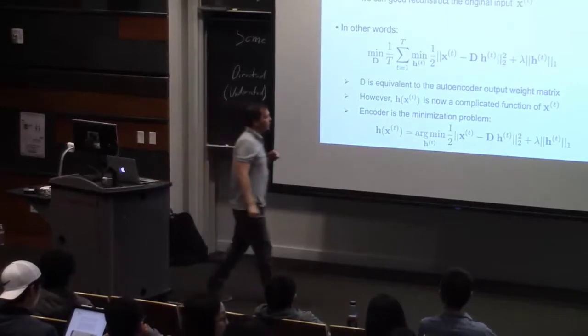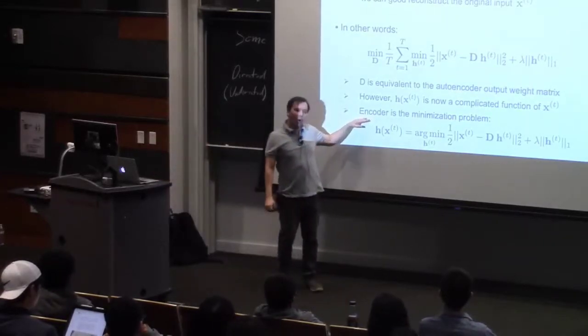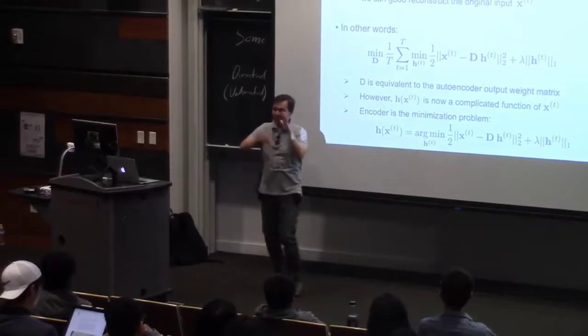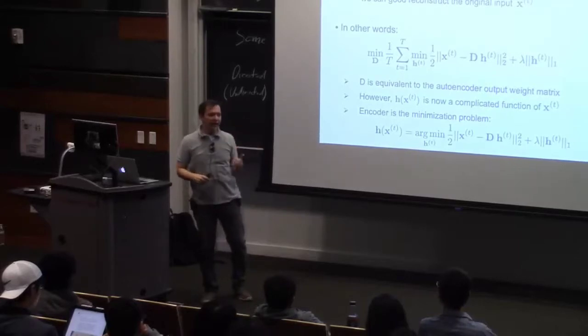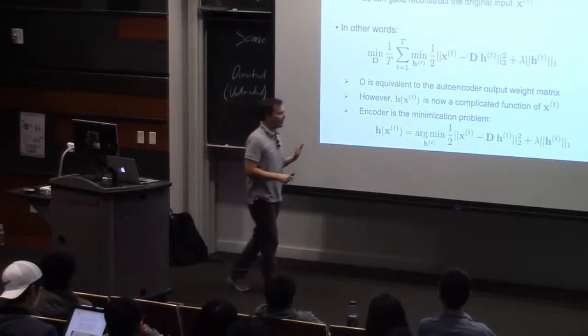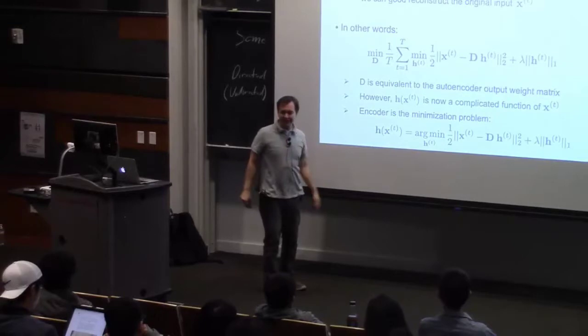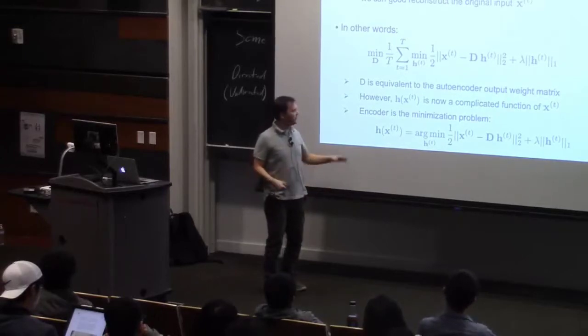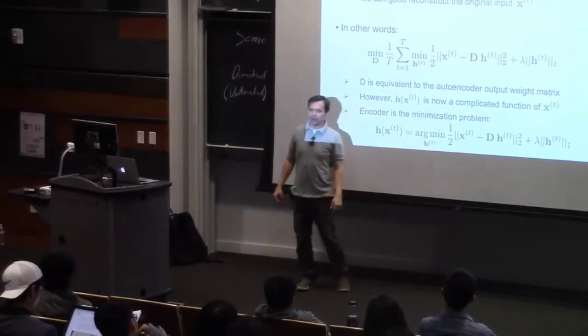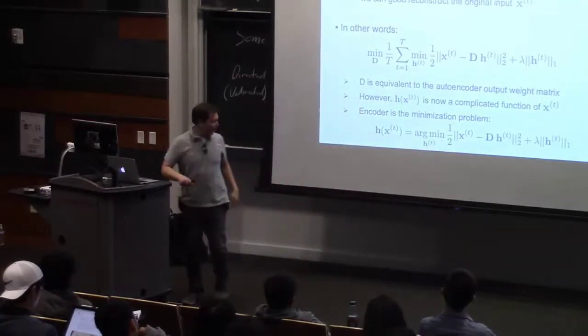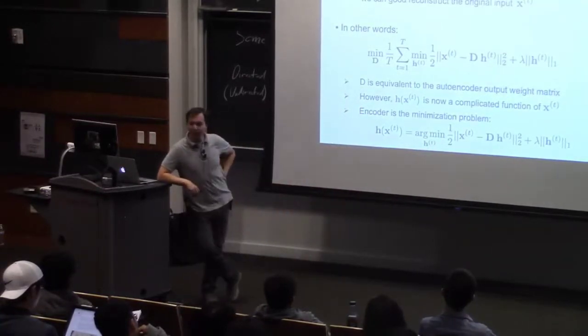In a sparse coding model, the decoder is very simple. It's just a linear decoder. Given the hidden states, I multiply by D, I get my original input. But the encoder is a complicated, nonlinear function of X. In fact, the only way to write this function of X is to perform this minimization problem. And this is L1, I guess. This is a lasso problem, right?